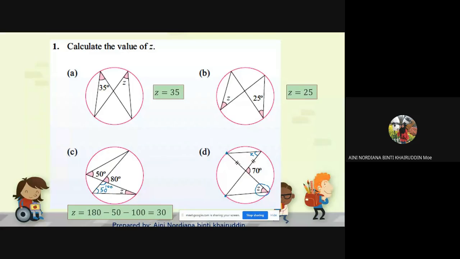So this is Z. Since this is an isosceles triangle, this angle is also Z. And you need to find this angle, which is 180 minus 70, so 110. So Z equals 180 minus 110, divided by 2, which is Z equals 35. Okay, any question?